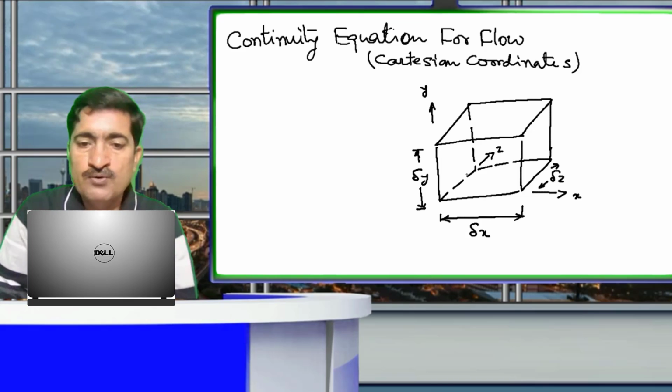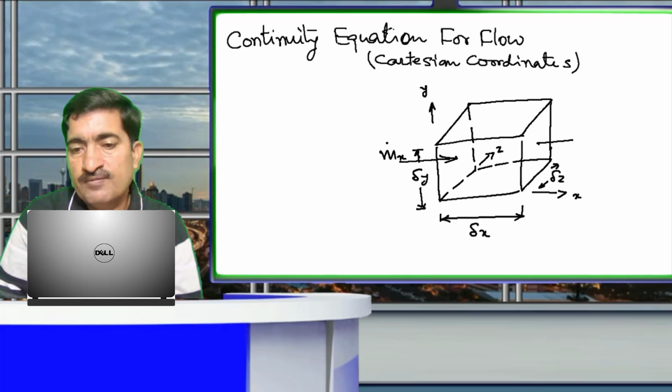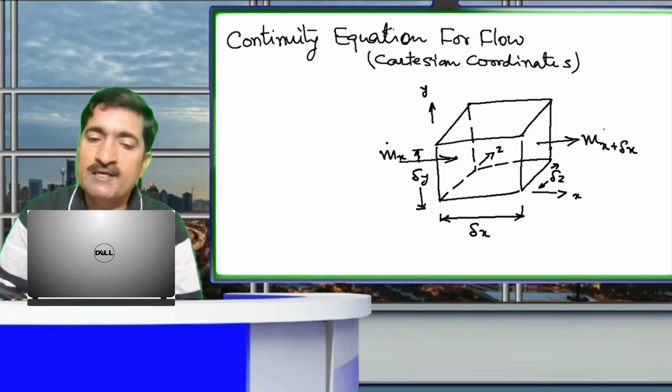The mass flow entering from this face is mx, and leaving from this surface is mx plus delta x.